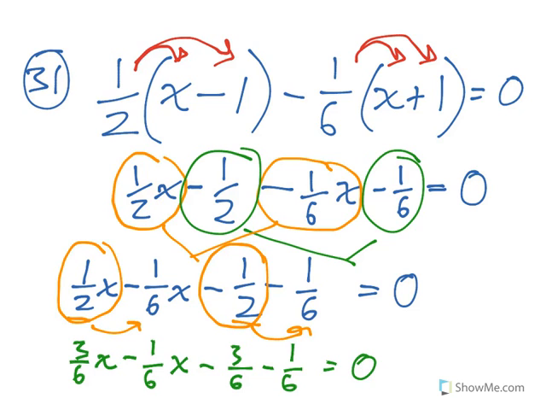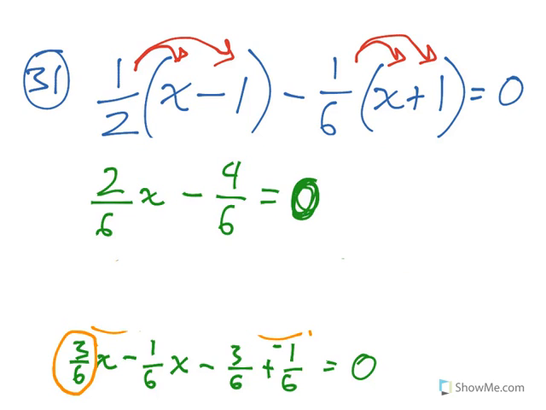Okay, so we have just changed our fractions. We've multiplied the 1/2 by 3, and now we have 3 over 6 x minus 1 over 6 x minus 3 over 6 minus 1 over 6. Just recall that 3 over 6 is the same as 1/2, right? Okay, so now we can actually do our math.